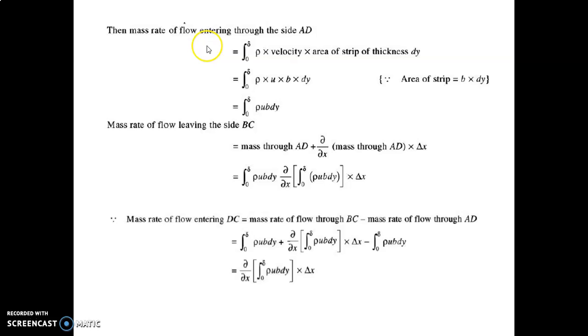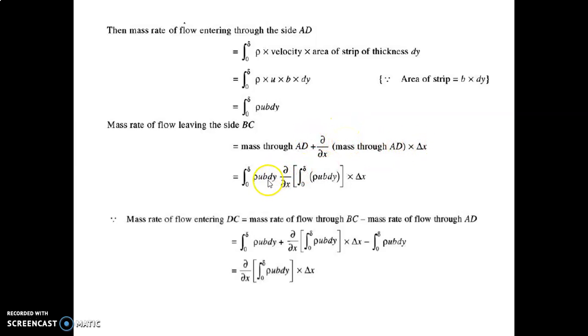So the mass rate of flow entering through the side AD equals the integration from 0 to delta of rho u b dy, and leaving the side BC equals the mass rate of flow entering AD plus del upon del x of the mass through AD into delta x.